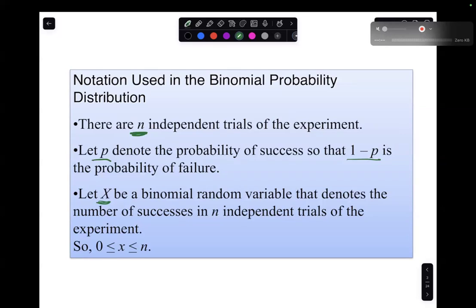So our number of successes is the lowercase x. I'm saying that my number of successes is going to be somewhere between 0 and the number of trials that I have. So X is the number of successes. And it's going to be really helpful when I'm showing you the calculator function on how this works.